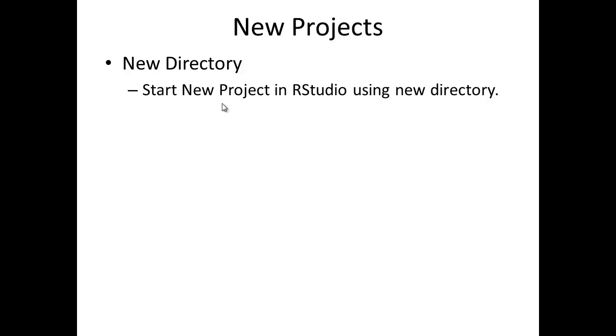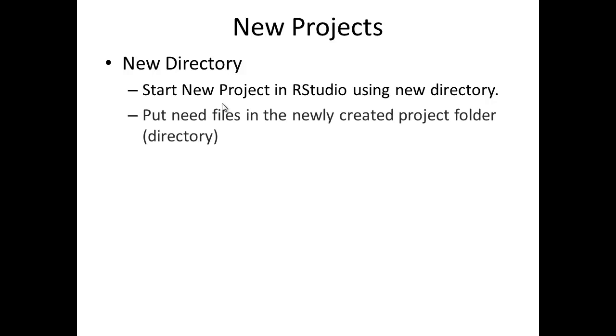In the new directory option, the recommended path for getting things started is to start a new project in RStudio using the new directory option. Once you do that, RStudio is going to create a folder and associate a project with it in your operating system, and then you can get the needed files and put them in this newly created folder, which is just a directory.